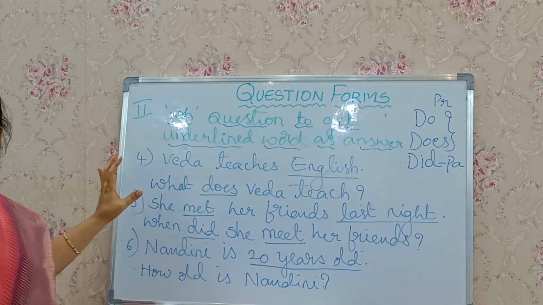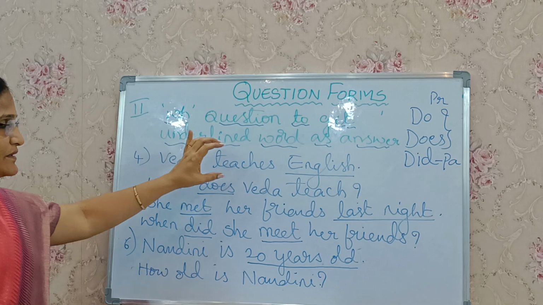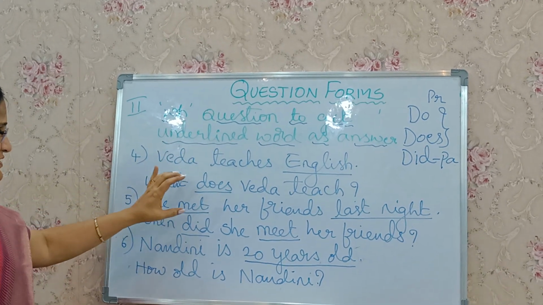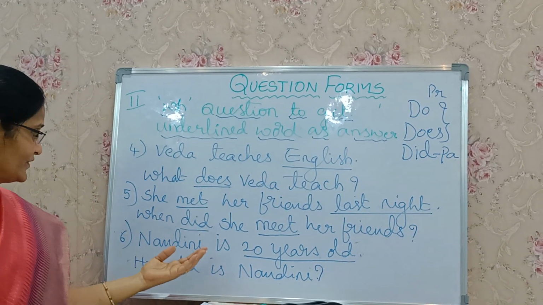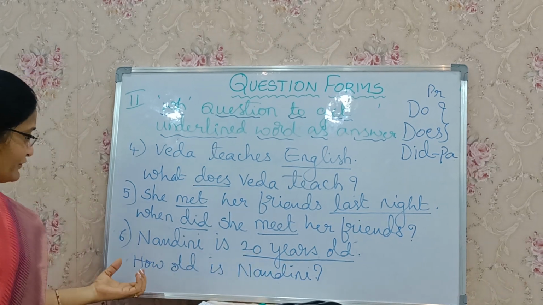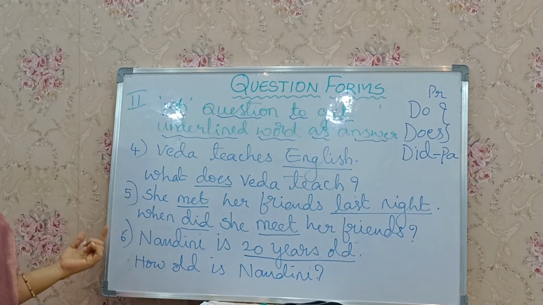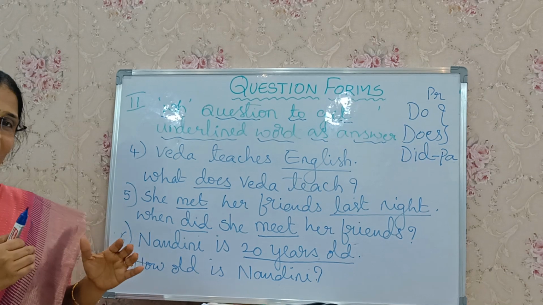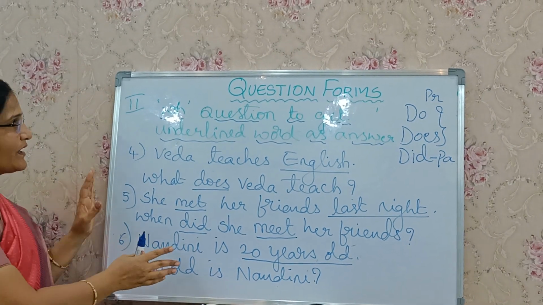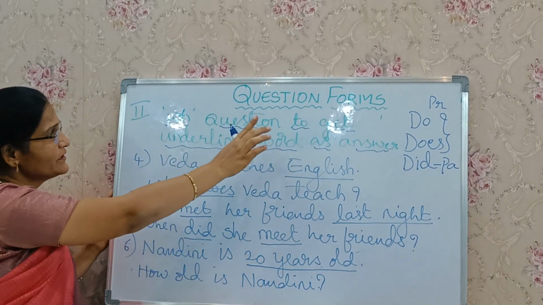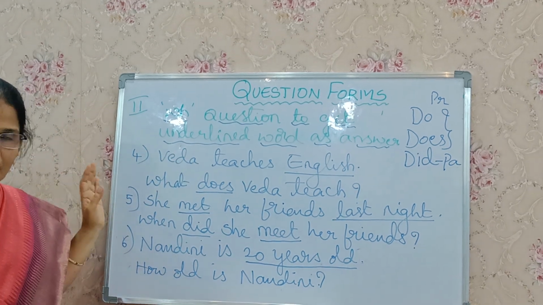Different examples I tried to give here with present tense, with the past, and with the different question words like what, when, how. So I made it very clear how to frame a WH question to get the underlined word as an answer.